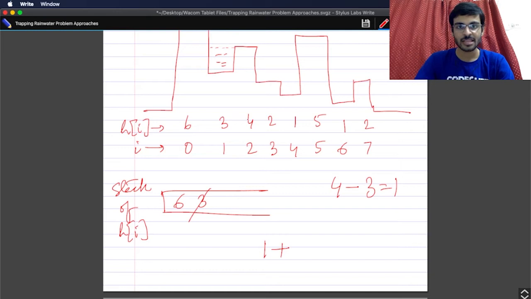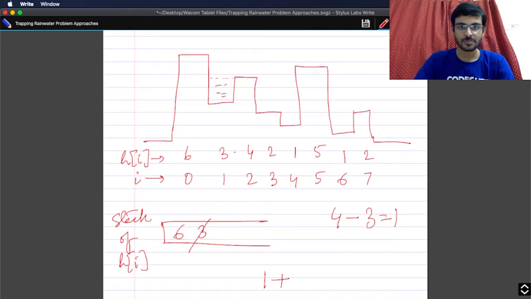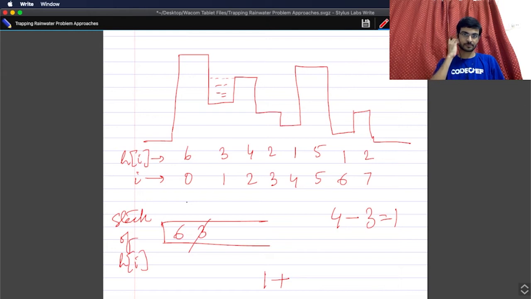Let us see. Next we check with 6, that is 6 greater than or less than 4 or equal to 4. Since it is greater, what can I say? I cannot overthrow it. 4 cannot overthrow 6. 4 will say that okay, be seated at your place.